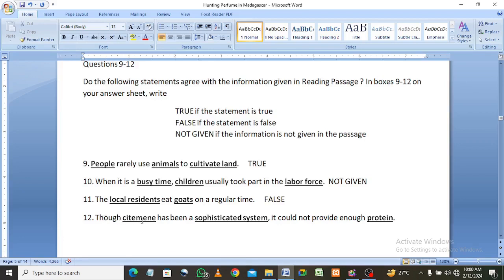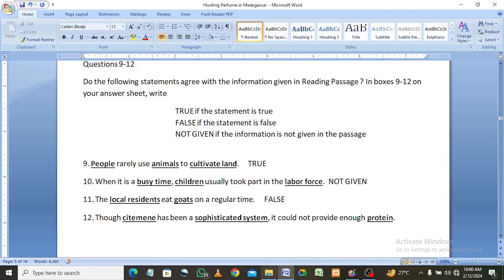Though Cistern has been a sophisticated system, it could not provide enough protein. Now, what are my scanning keywords here? Cistern, sophisticated system. Sophisticated system could be a complex thing.